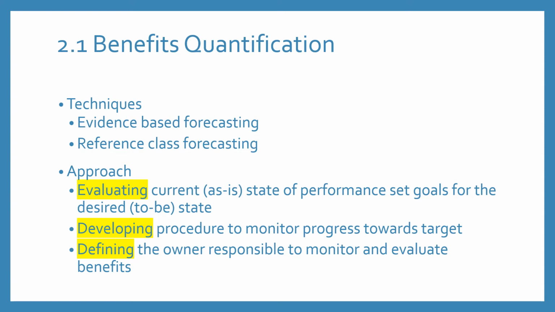The general approach in benefits quantification is to evaluate the current state of performance and set goals for the desired state. You know the desired to-be state, you understand the current state, and you compare and evaluate them. Then you develop a procedure to monitor progress towards the target, and define the owner who is responsible for monitoring and evaluating the benefits.